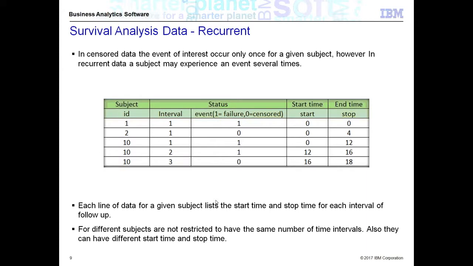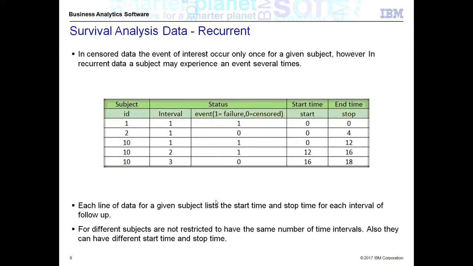The difference between regular survival analysis data and recurrent data is that regular data only uses one ID to identify one record, but in recurrent data, subject ID and interval ID are both necessary for identifying different records. For different subjects, the number of intervals is not restricted.